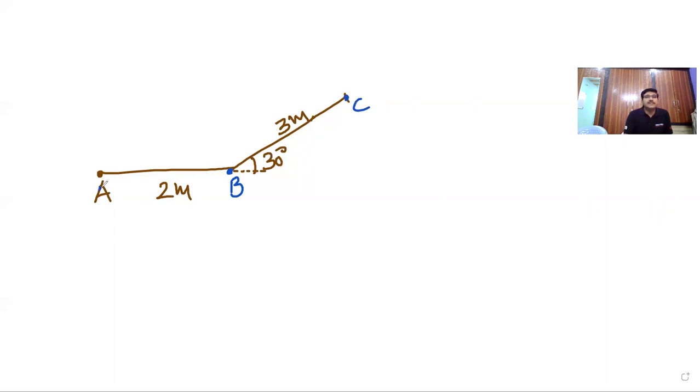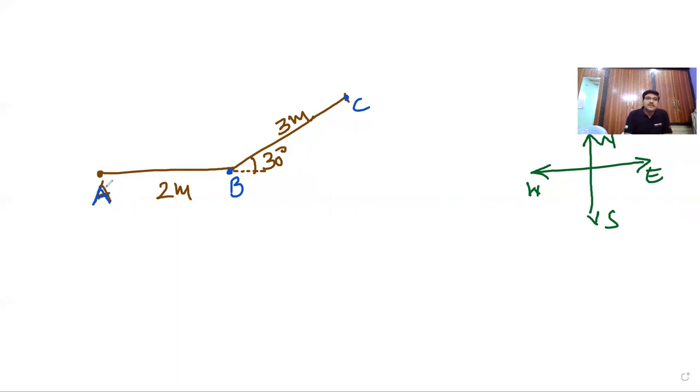Clear? Now, the person is starting from A. Initial point is A. And general sign conventions, here I quote east, west, north, and south. East rightwards, north upwards. Clear? This is the general sign convention.